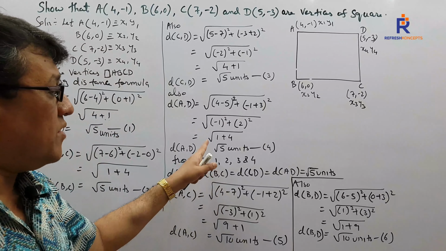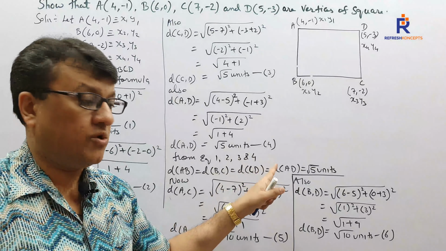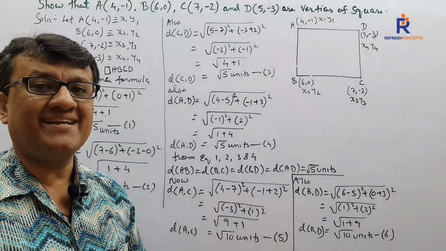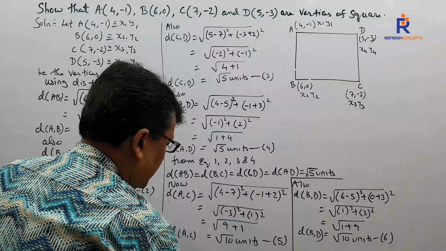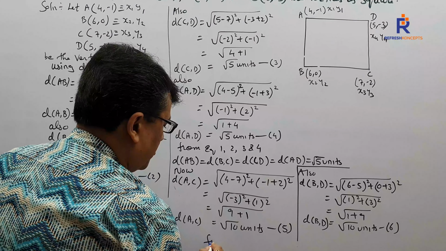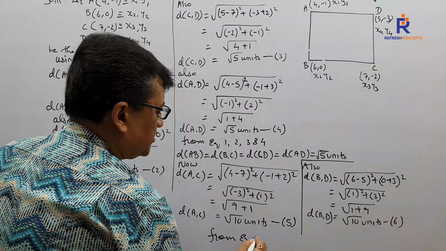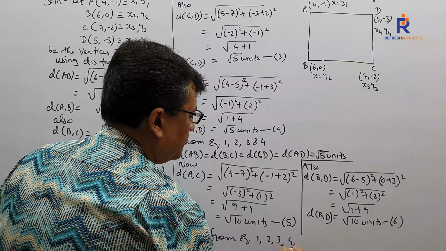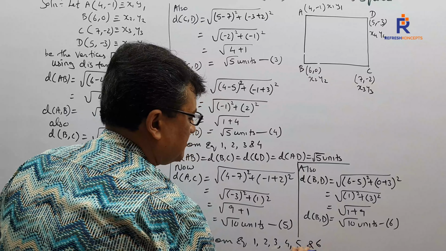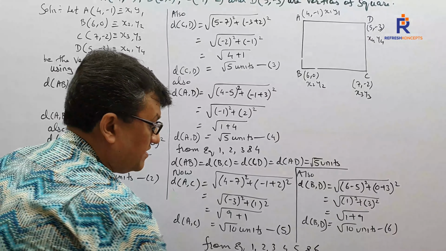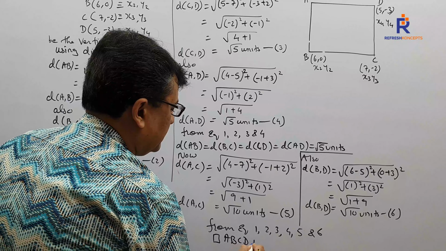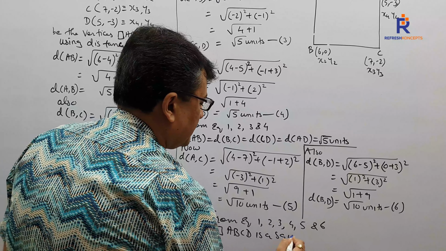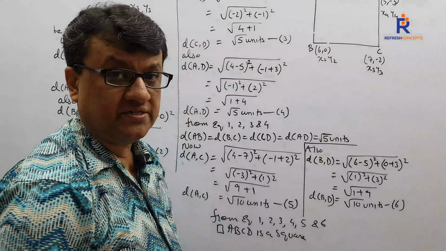What do I get from 1, 2, 3, 4? All sides are equal. What do I get from 5 and 6? Diagonals are also equal. So directly now I shall write down from equations 1, 2, 3, 4, 5 and 6: quadrilateral ABCD is a square. What is the reason, children?